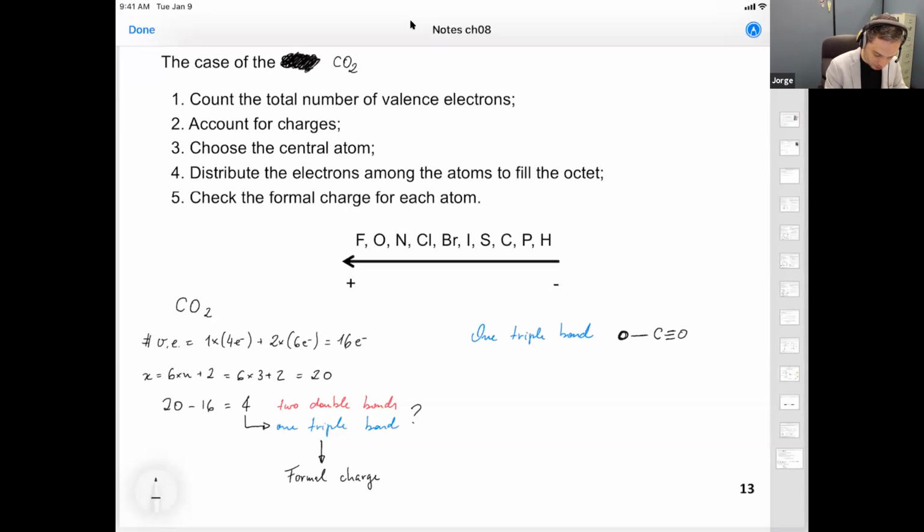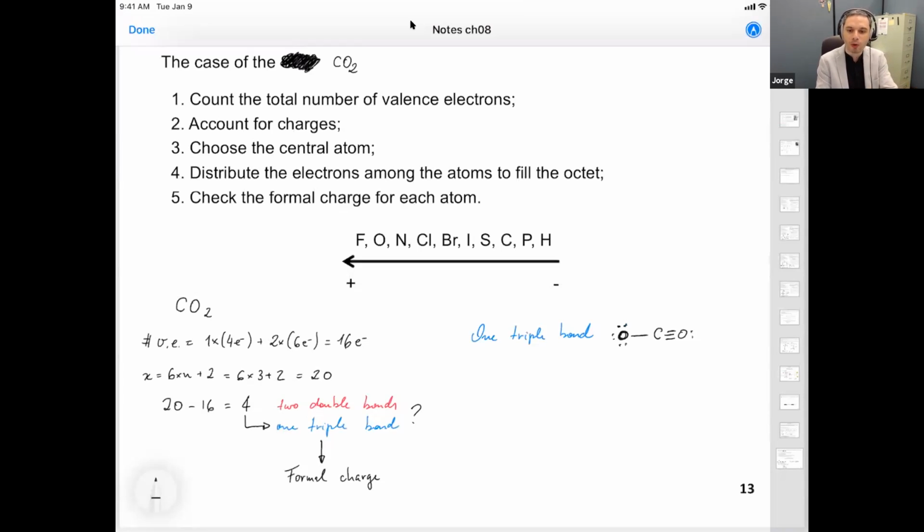To connect the atoms, we used 2, 4, 6, 8 electrons. Therefore, we have a leftover of 8 electrons. We are going to use those to fill up the octet of the 2 oxygen atoms, okay? And here we have the octet completed for all the atoms in the structure.